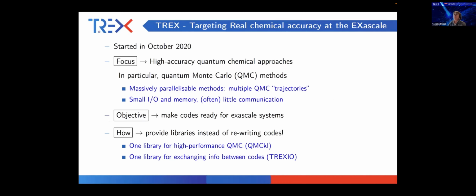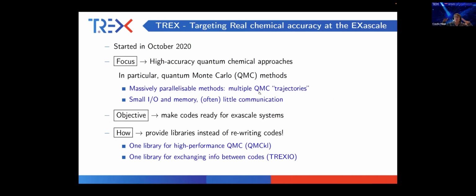October 2020, and our focus has been on high accuracy quantum chemical approaches, and in particular on quantum Monte Carlo methods, so stochastic approaches in quantum chemistry, which are massively parallelizable methods.